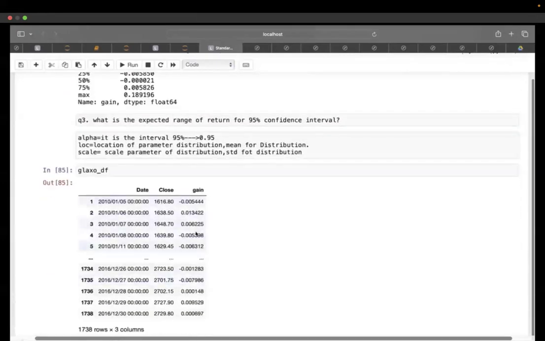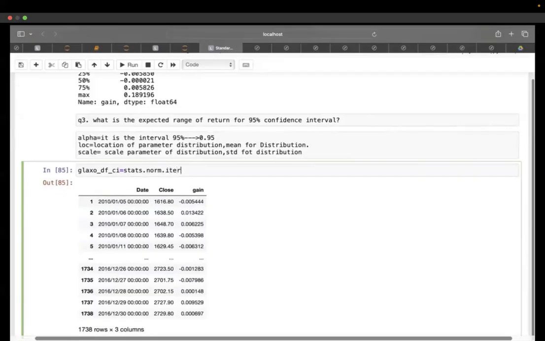So this is your gain column. Now, what we are going to do? I'm simply writing Glaxo underscore DF underscore CI. This is the variable. Inside that, we have a method present in stats called stats.norm.interval.